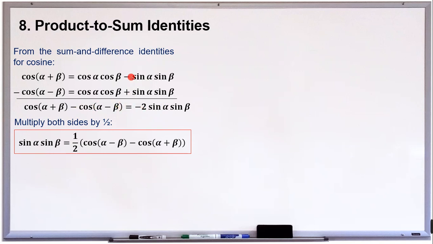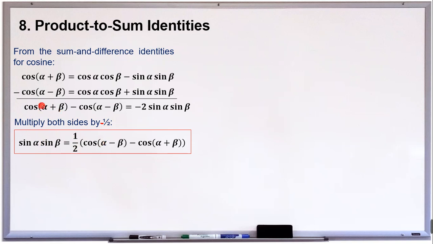Since we have negative sine alpha sine beta minus positive sine alpha sine beta, the result will be negative 2 times sine alpha sine beta. So the next step is we multiply both sides by, instead of positive 1/2, negative 1/2. So it will become sine alpha sine beta is equal to 1/2.